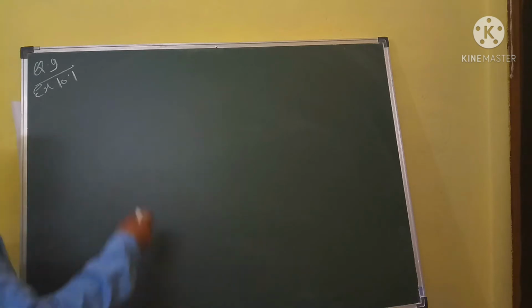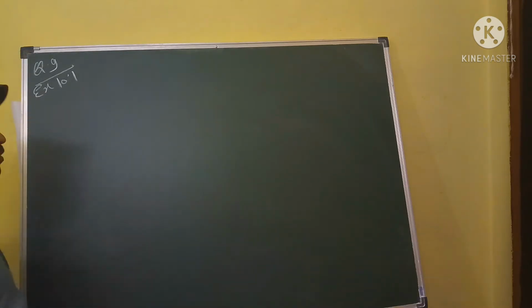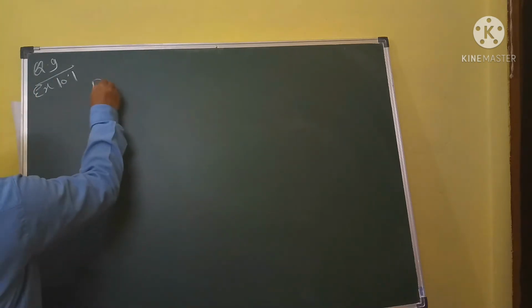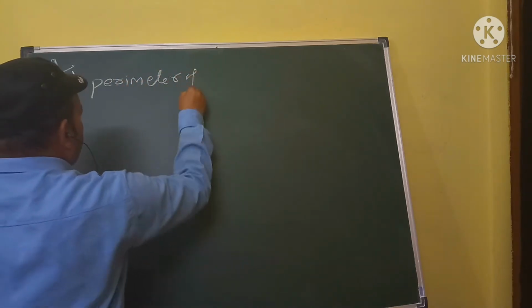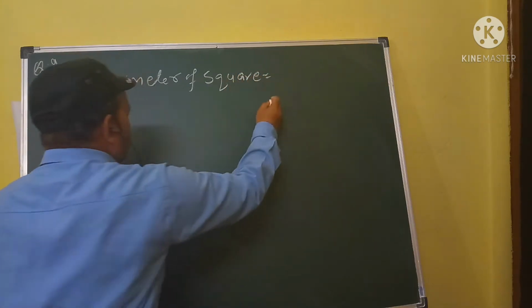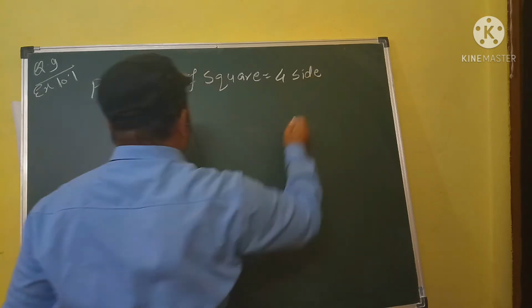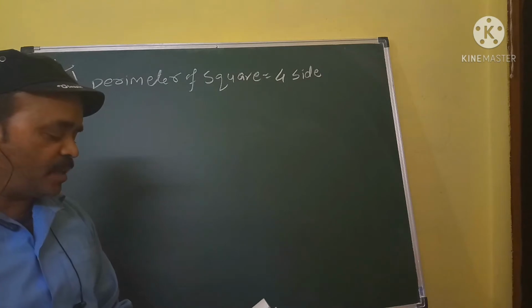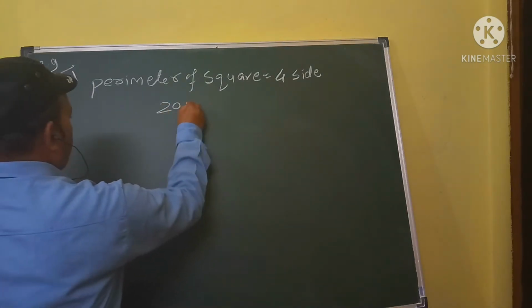So my dear student, as you know very well, the perimeter of a square is equal to 4 into side, and in this question the perimeter is 20 meter.